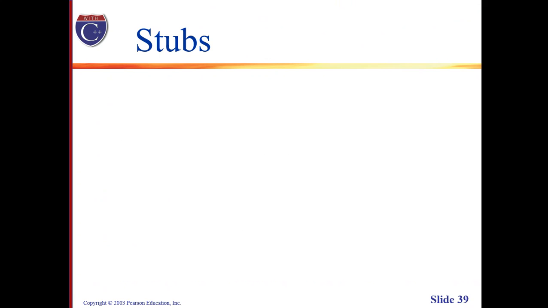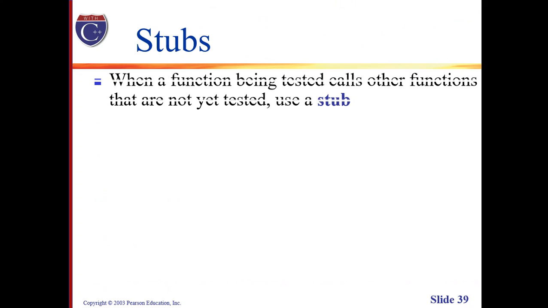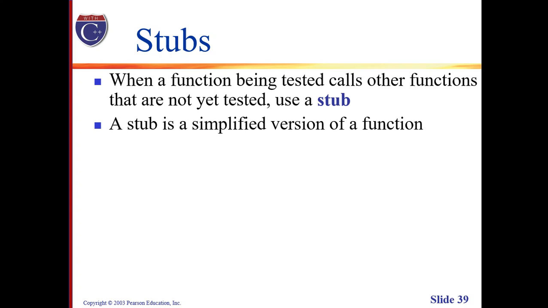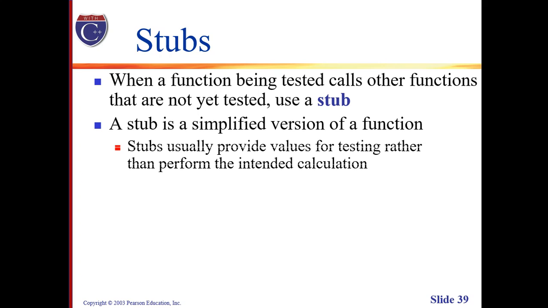we also have what we call stubs. When a function is being tested, and it calls other functions that are not yet tested, we can use a stub. A stub is a simplified version of a function. Usually it's not yet completed, but for the purpose of testing some other functions, we need to include it in a program, so we implement it as a stub.